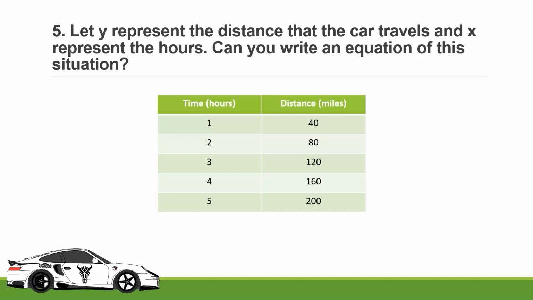And question 5, let y represent the distance that the car travels and x represent the hours. Can you write an equation of this situation? Here y represents the distance, and x represents the hours.